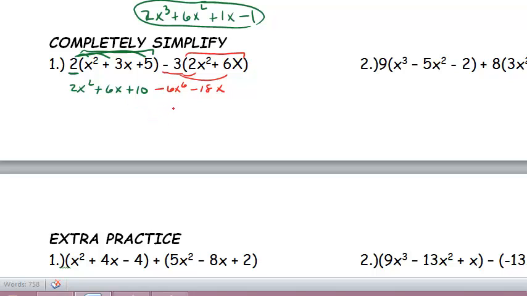Now I can go ahead and combine like terms. Sorry, that's -6x squared. So 2x squared minus 6x squared will give you -4x squared. Remember, we have to write these in standard form. Then 6x minus 18x is minus 12x, and then your plus 10.